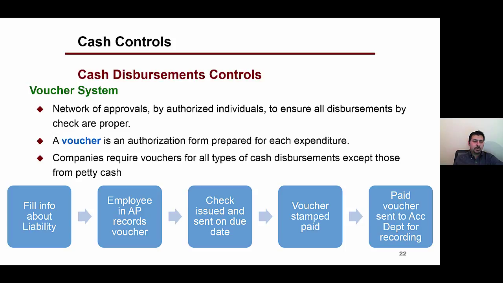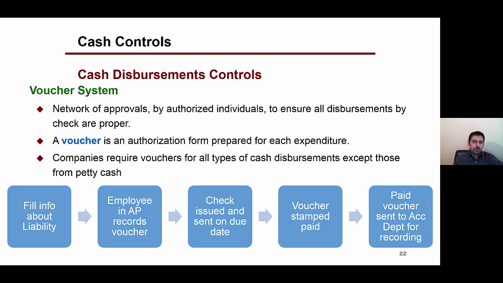At this point, we know for sure that the proper procedure was followed. So the voucher is an authorization form that is prepared for every expenditure except the ones that are paid by petty cash.